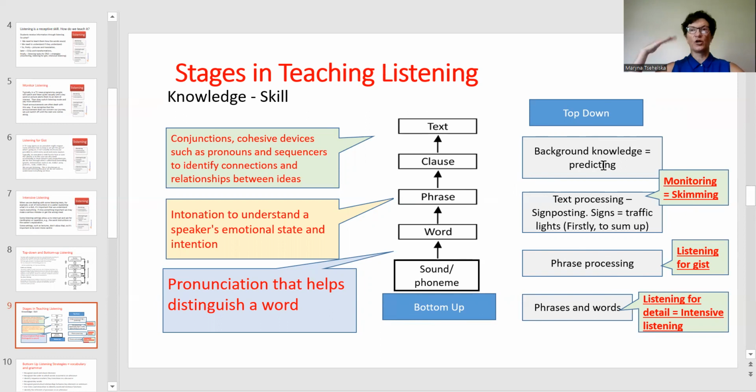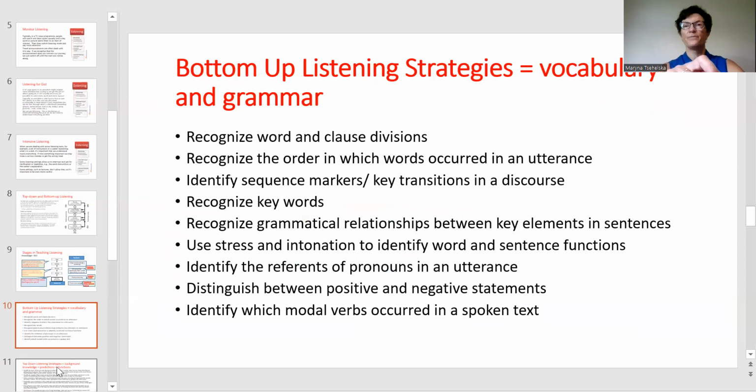We go from what we know about the world, then we recognize some important ideas, then we add our background, and even in this case, we'll need to listen to the text twice. Once for gist, and the other time for intensive listening for details.